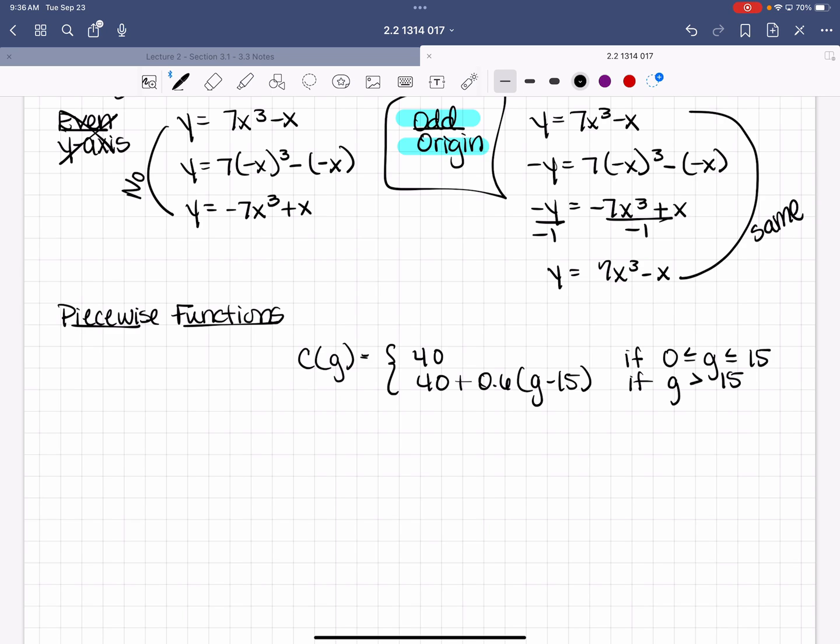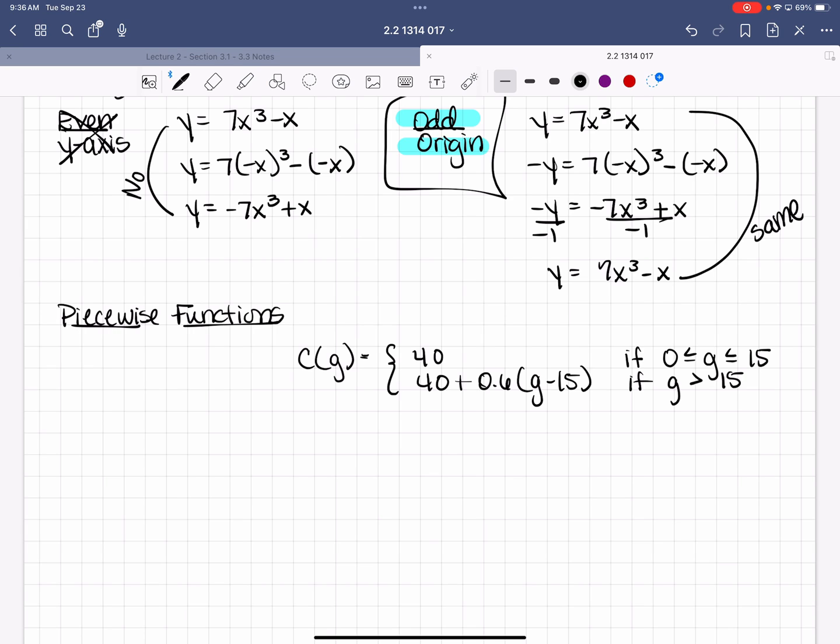So the information on the right-hand side tells you, when the value is a certain number, do this on the left. So if g is 5, I know that c of g is just 40, right? Any g between 0 and 15, the answer is 40. If you get a value over 15, like 20, then you put it in the bottom one.